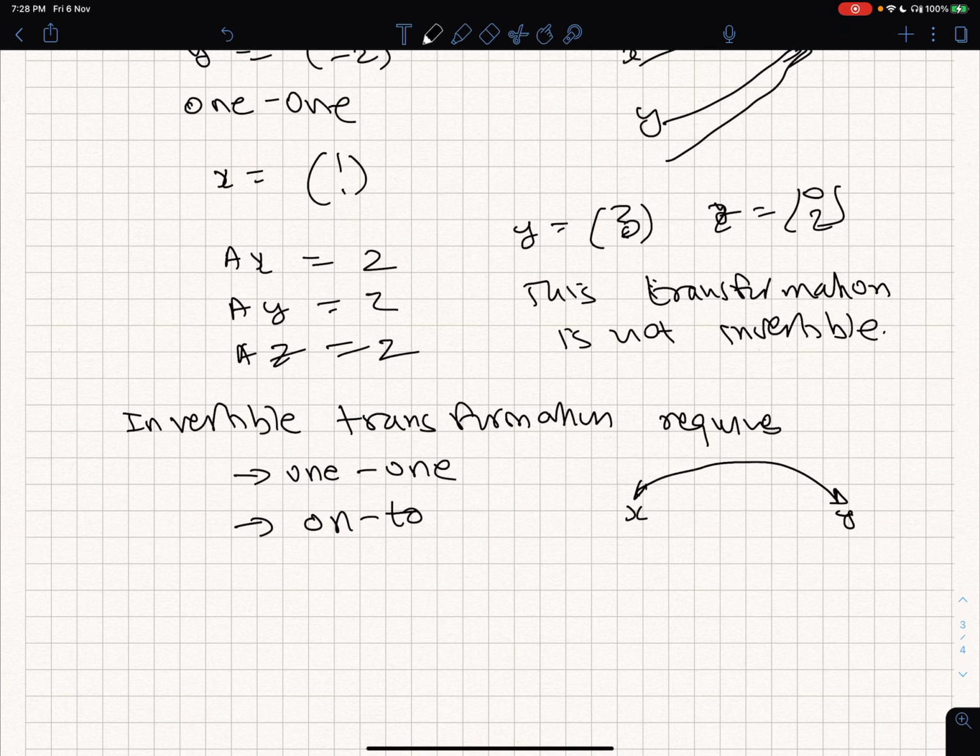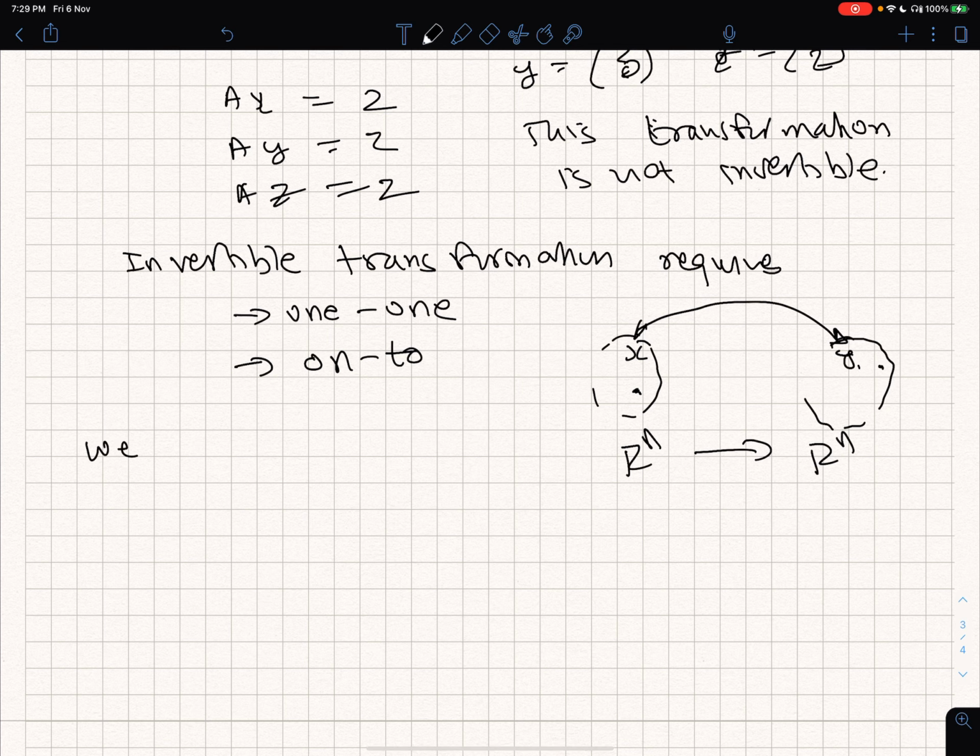For every vector y here, there has to be a corresponding x here. If there is any vector y sitting here such that there is no vector x also here, then also the inverse will not exist. So therefore, when we talk of invertible transformations with respect to matrices, we have to restrict to square matrices only, because we want 1-1 as well as onto.